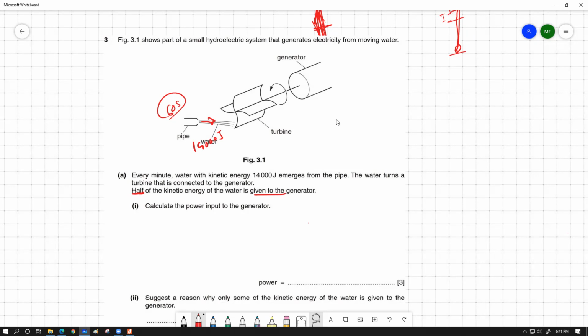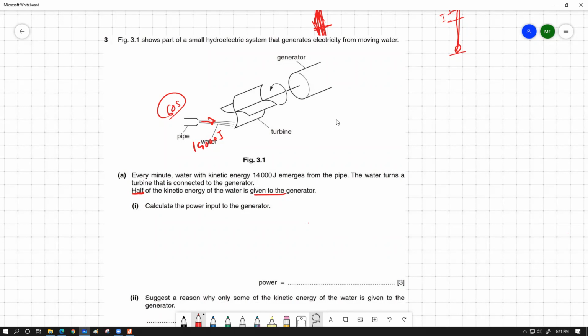Now you might be wondering why. Well, it's obvious, because all the kinetic energy of the water will not be absorbed by the turbine, because the turbine only has 4 blades. So whenever the turbine rotates by, let's say, about 45 degree, some water jet might not hit the end of the blades. That's one problem. The other problem is that whenever the water hits the turbine blade, you cannot expect 100% of the water molecules to give all of the kinetic energy and come to rest.